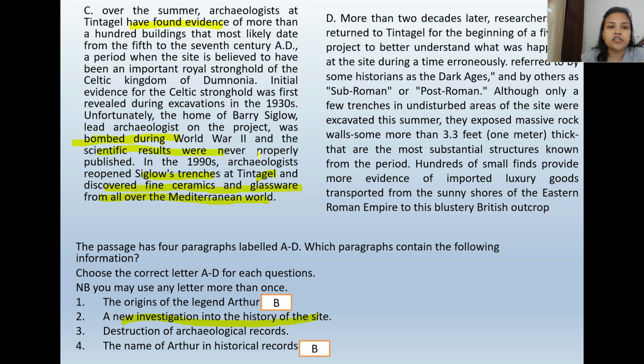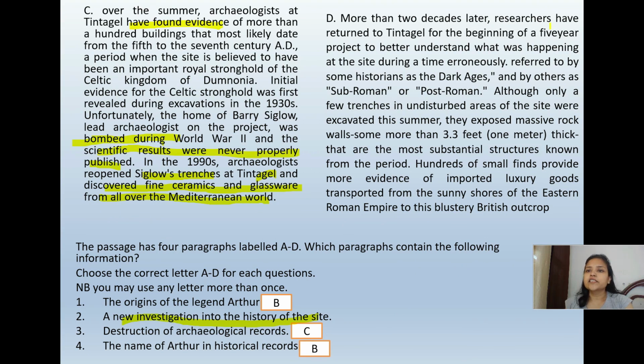That's why the scientific results were never properly published. That's why it was not published. That's why destruction of archaeological records. So it would be C. Here it is not talking about a new investigation, though it discovered goods from all over the Mediterranean world, but not from this. Okay, let's read D.